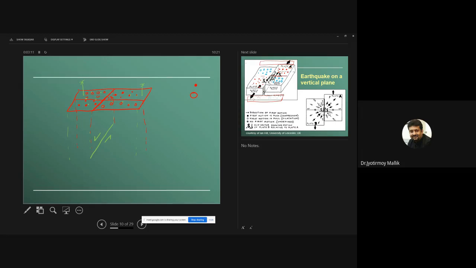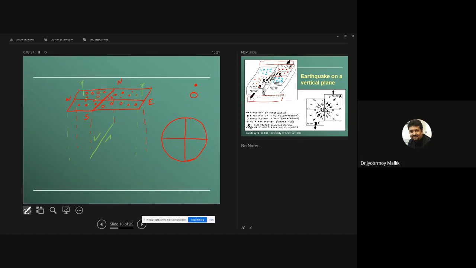Now, suppose this is north, this is south, this is east, this is west, just to make our life easier. If I put that in a stereographic projection, a north-south vertical plane will look like this, and an east-west vertical plane will look like this.